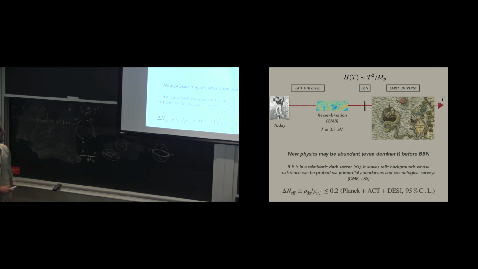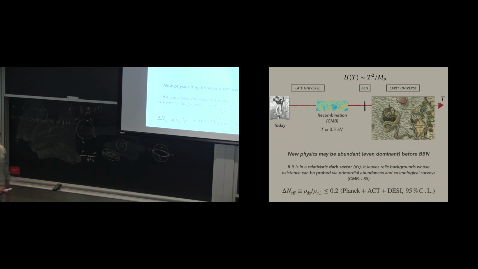Of course, we do have a probe in the case in which this new physics comes in the form of a totally dark sector, meaning that it doesn't talk at all to the standard model. In that case, if it's, for example, a relativistic dark sector, it would leave a relic background of relativistic species, which we can actually probe using cosmological surveys, in particular cosmic microwave background and large-scale structure surveys. We can also probe it, of course, via Big Bang nucleosynthesis, which is also sensitive to the expansion rate at that epoch.